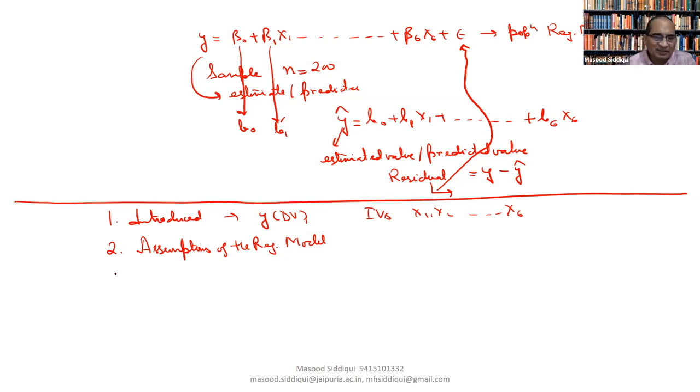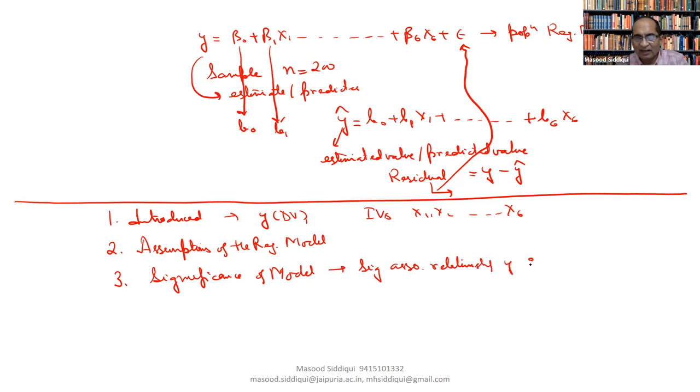We will check the assumptions. Then we check whether the model is significant or not. We examine the significance of the model. What do we mean by the significance of the model? It means whether there is a significant associative relationship between y and x1, x2, x6.